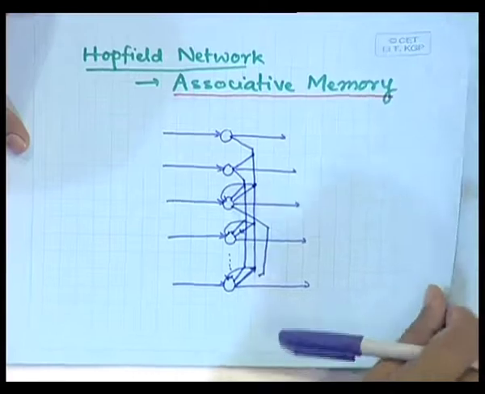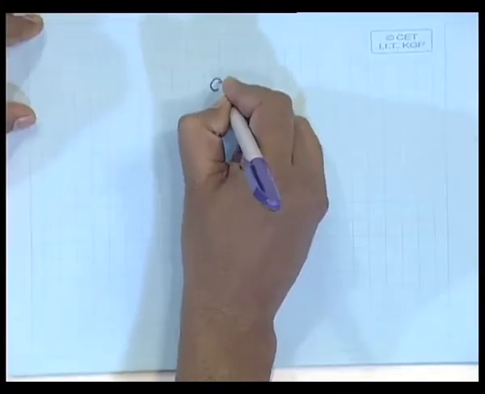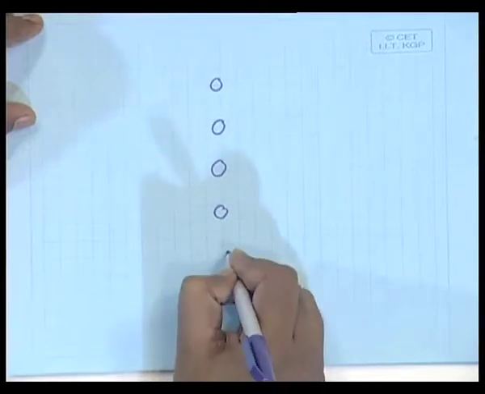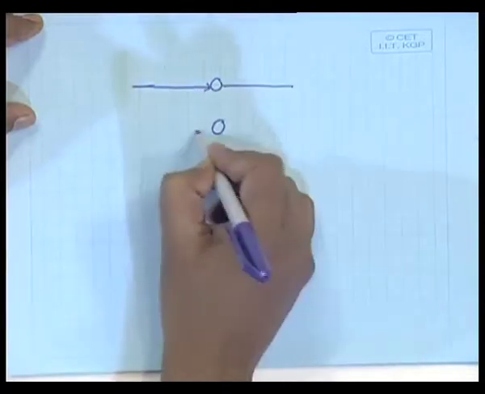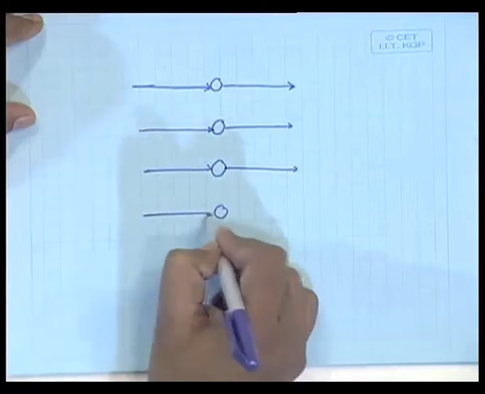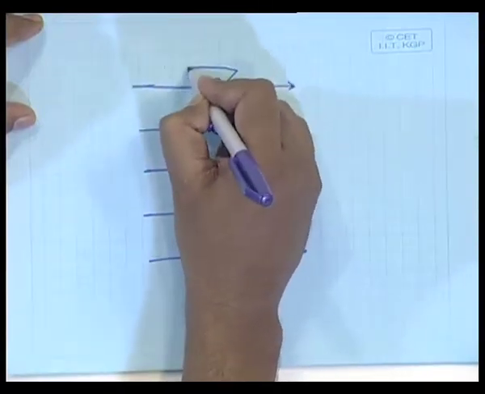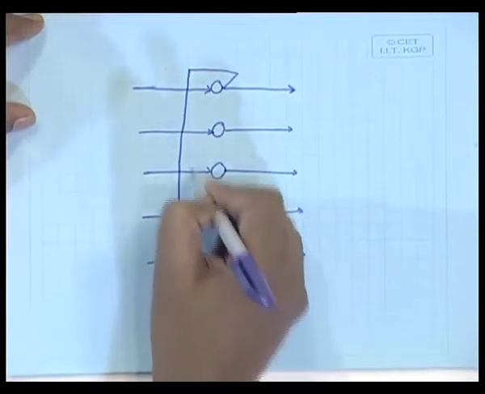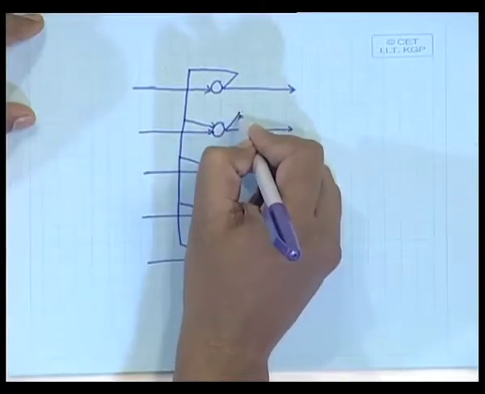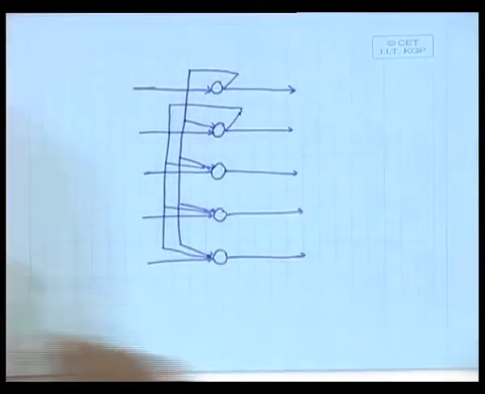Let me draw a fresh figure. Like this, the output of every node is connected to the input of every other node.